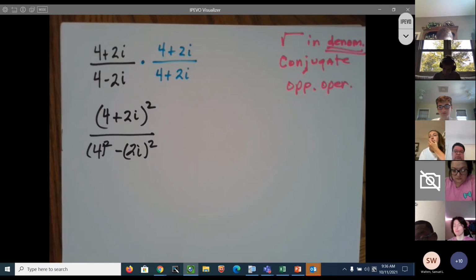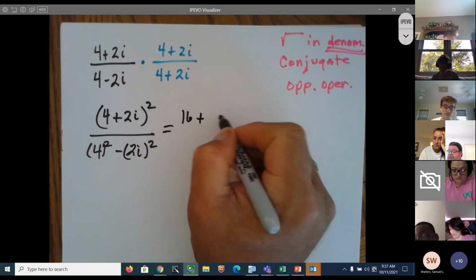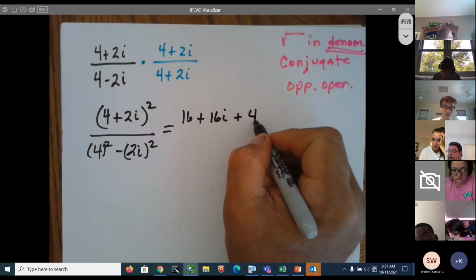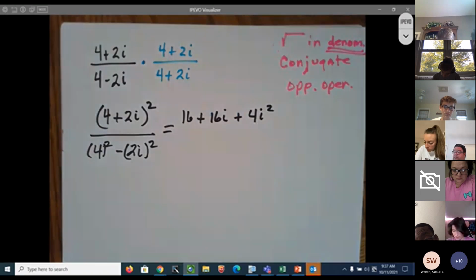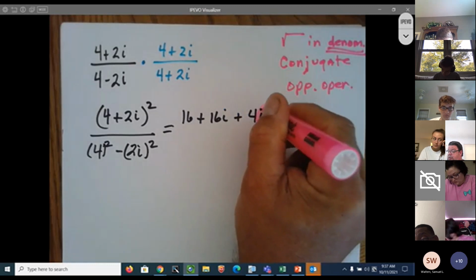Okay, so that's going to give us 16 plus 16i plus 4i squared. Make sure I got that 16 right: 4 times 2 times 2 should be 16. And I'm going to highlight that i squared because you cannot ignore it.